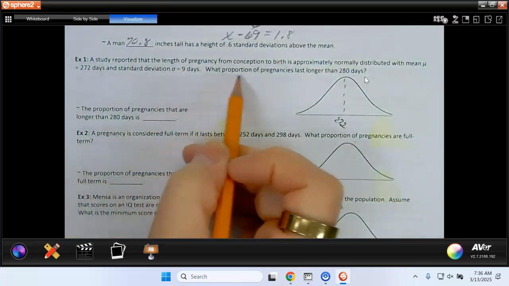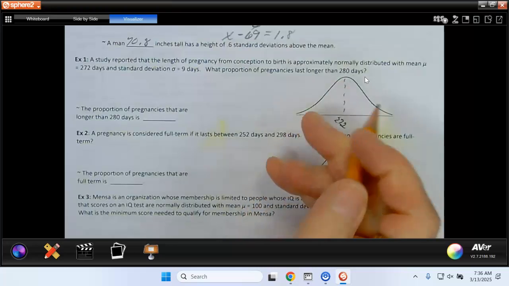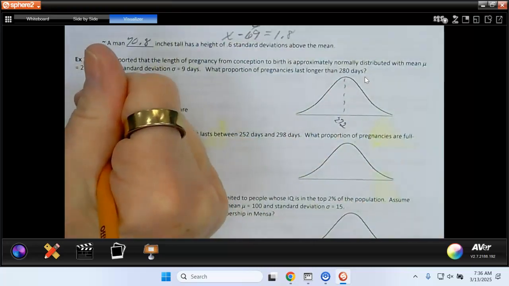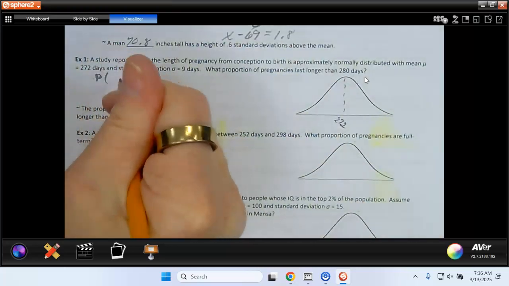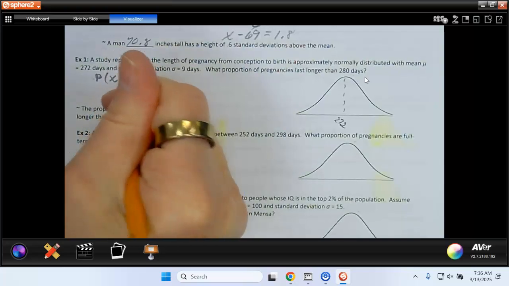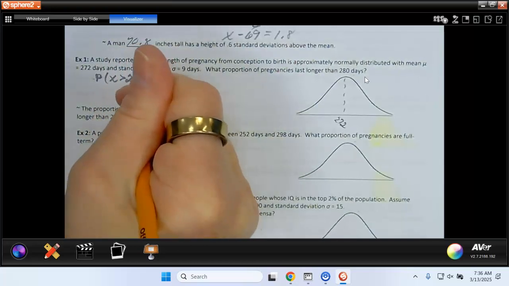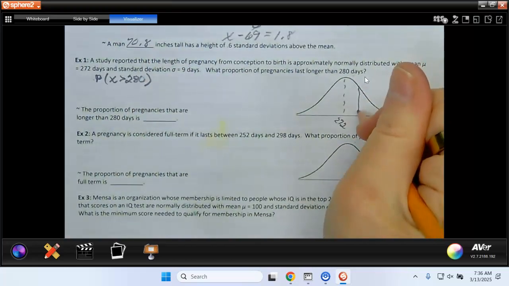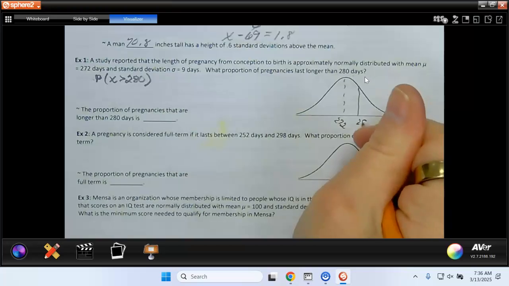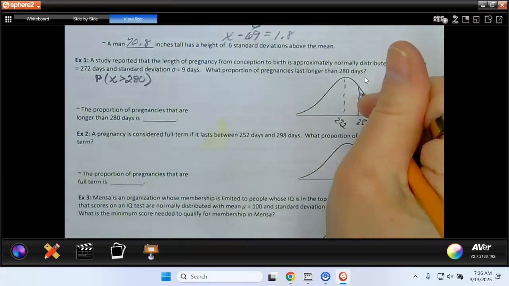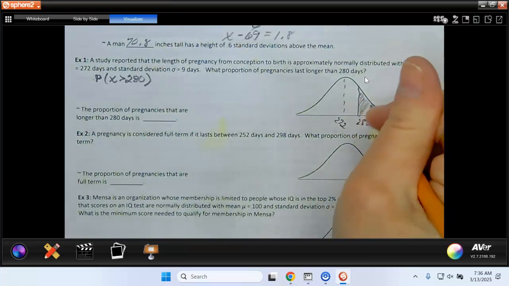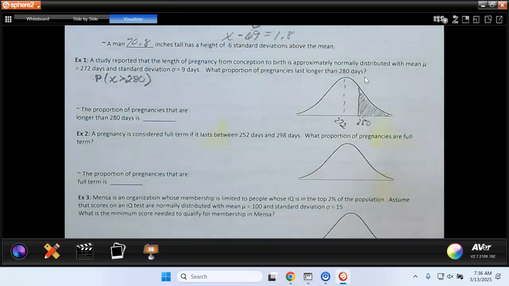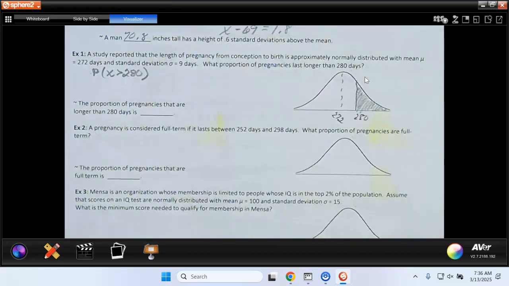In this one, what proportion of pregnancies is longer than 280 days? You'd say the probability that X is greater than 280. At 280 here, we are looking for this shaded region over here. What percentage would be above 280 days?